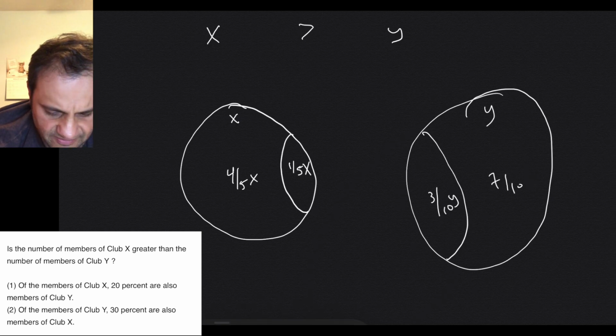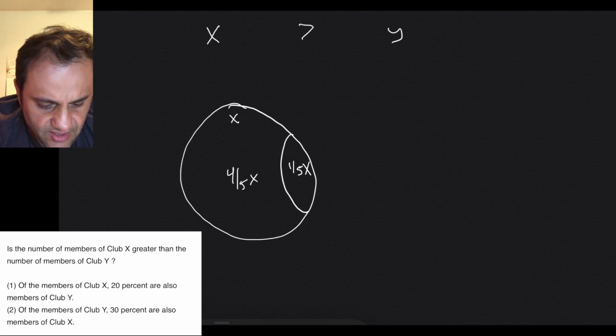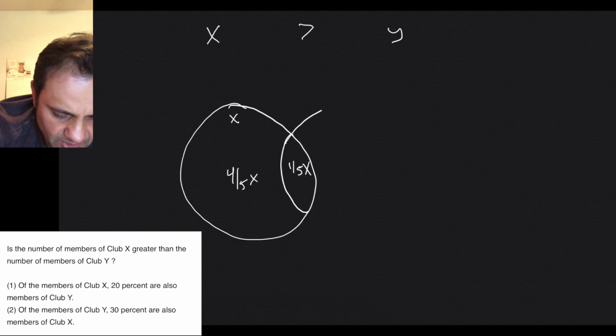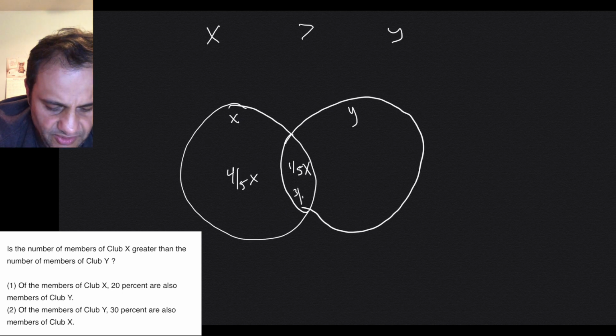So now let's do all of the evidence together. What we have here goes like this. We have the Club X. We know that 1/5 of Club X is also in Club Y. Then with Club Y, we know that 30% of these Club Y people are also in X. So here's Club Y. It says 30%, so 3/10 of Y, are here, and the other 7/10 of Y are here.